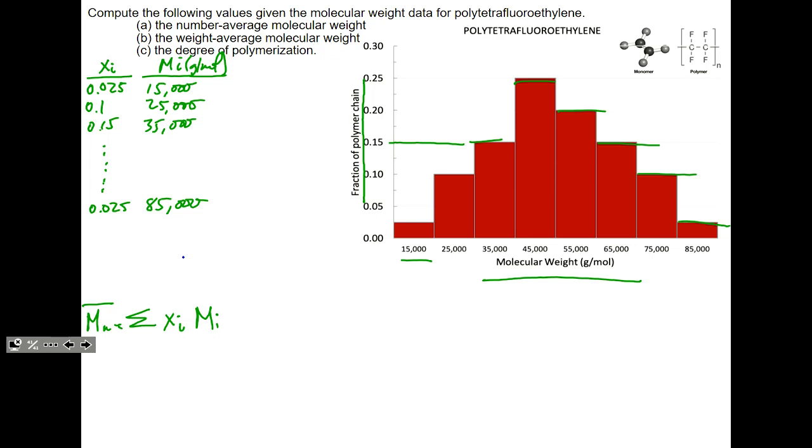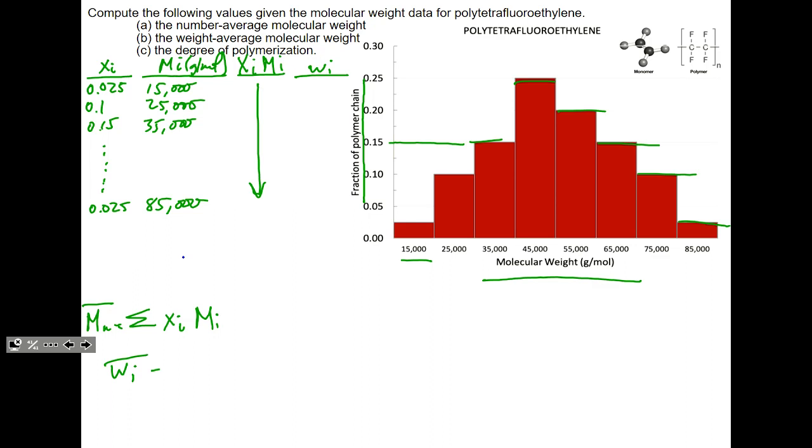Okay, so then I can calculate xi times mi, and I can tabulate all of these values by just doing multiplication. And then in order to get the weight average molecular weight, I need to tabulate what w sub i is, the weight fraction.